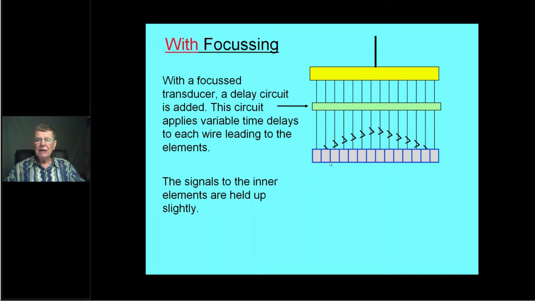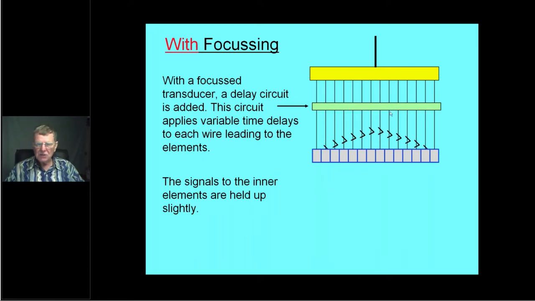So as I said, the outer elements will arrive first, followed immediately by the next elements in, and so forth, with the central elements here receiving the most delay. Do keep in mind that these delays are very small. The electrical voltages are extremely close together time-wise. They would be nanoseconds apart, okay?